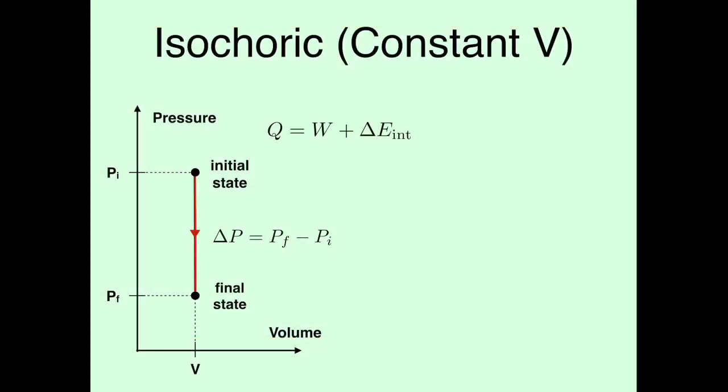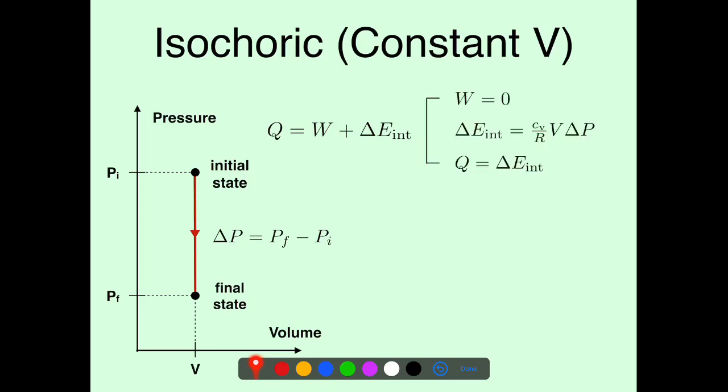Okay, so here are the results. Again, I just want to write down the first law equation, which says Q is equal to W plus delta E internal. It's really important for every type of process that we go through to know how to deal with each one of these variables. And so what we did is we came up with expressions for each one of those variables. Work is equal to 0.